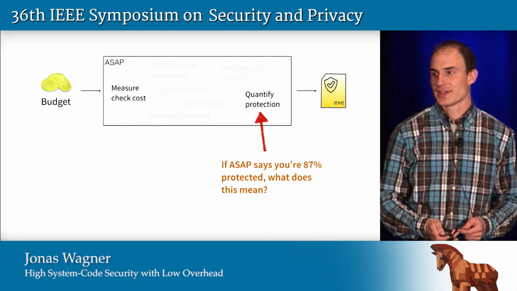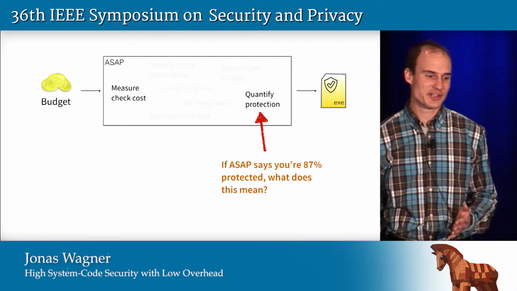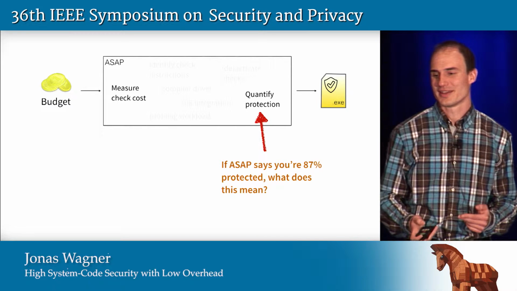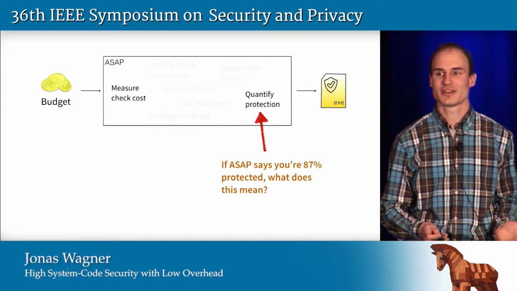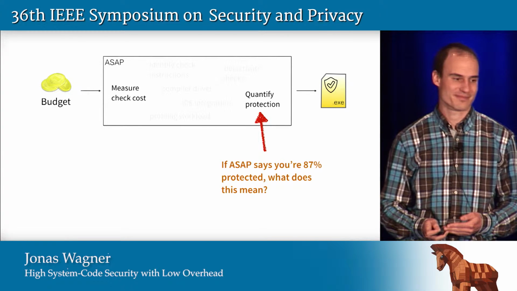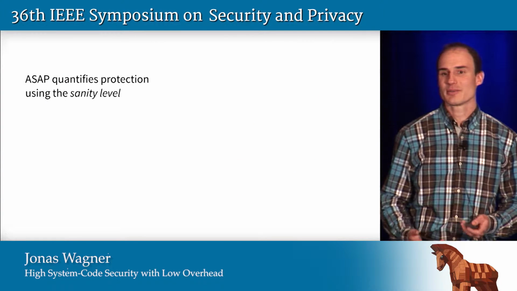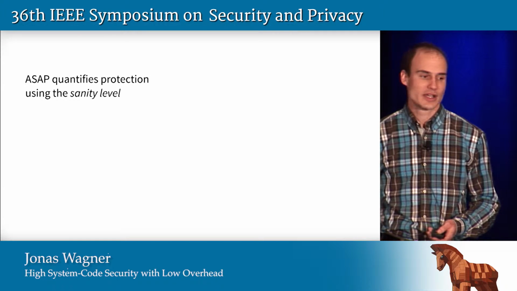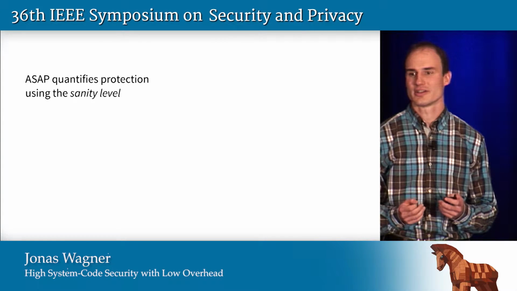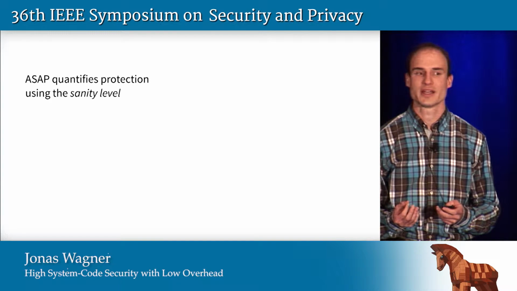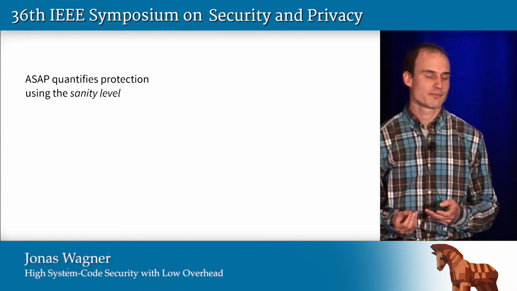So next, I want to talk about security. If ASAP gives you a certain protection level, what does this really mean for your security? Now, ASAP quantifies the protection that it gives you using the sanity level. This is the fraction of the critical operations in the program that are protected using a check.